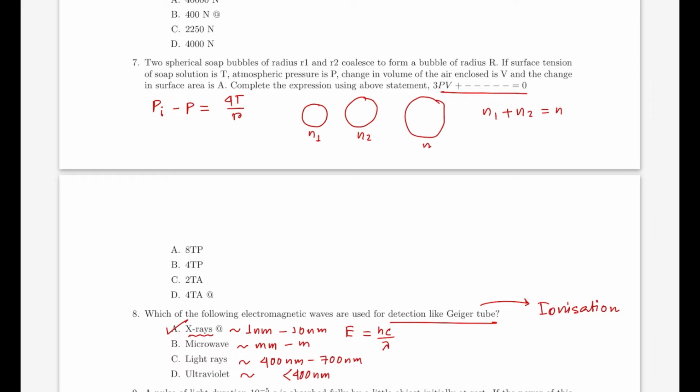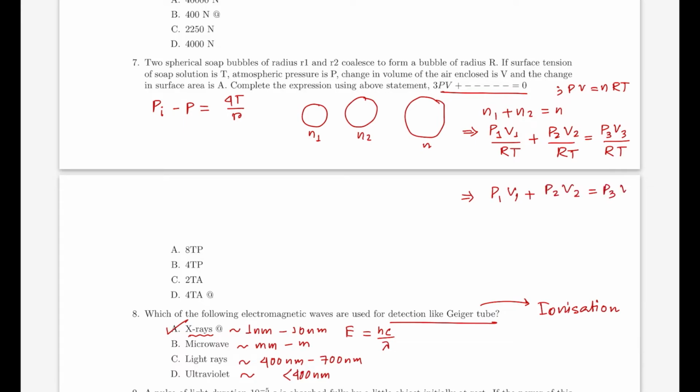We'll also assume that the air inside the bubble behaves like an ideal gas. So using the ideal gas law, PV is nRT: P1 V1 by RT plus P2 V2 by RT is P3 V3 by RT. Temperature remains the same, so P1 V1 plus P2 V2 is P3 V3.